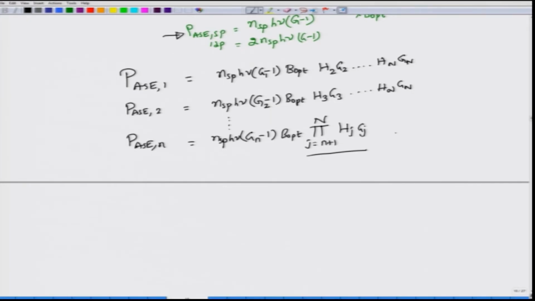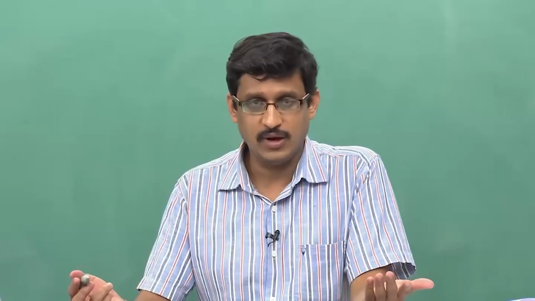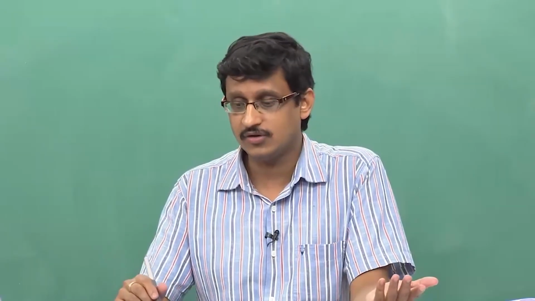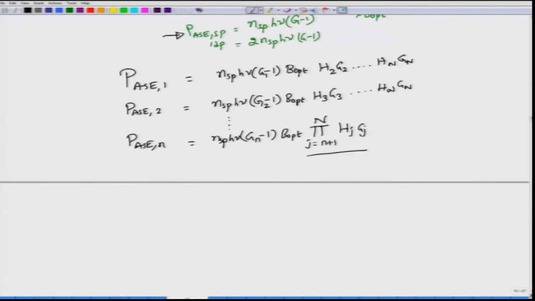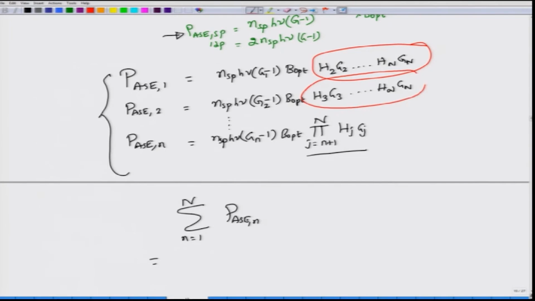But you might question, we have already seen that H2 G2 must be equal to 1, Hn G1 must be equal to 1 and so on, and you are right, these factors are all equal to 1. But these by themselves are not the total ASE noise components. The total ASE noise is obtained by adding up all these elements, summing the nth stage amplifier noise, n equal to 1 to capital N. There are N amplifiers and you simply sum all the N ASE noise components, and because these factors are all equal to 1, what is actually happening?